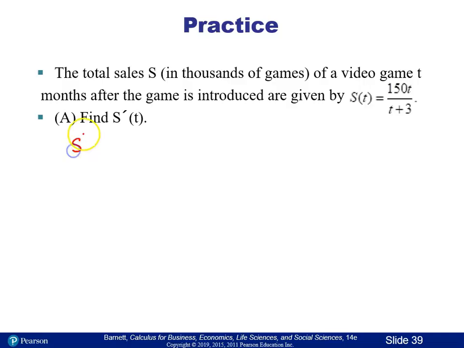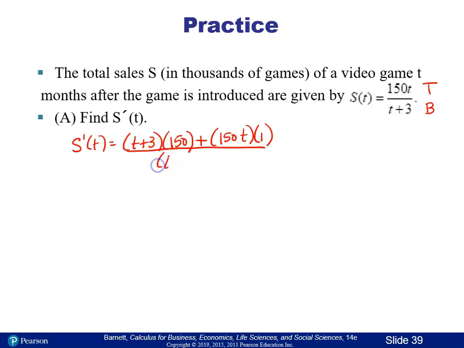All right, so on this one, we're going to go through the same thing. We need to find the derivative. So the derivative, we've got top and bottom. Our derivative is going to be t plus 3, the bottom, times the derivative of the top, plus the top times the derivative of the bottom. The derivative of the bottom is just 1, and we'll divide that by the bottom squared. If I distribute here, I'm going to have 150t plus 450, and then actually I have a mistake here.